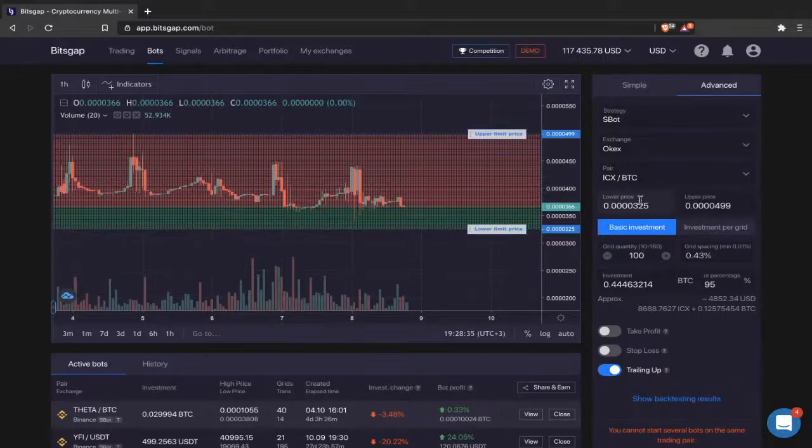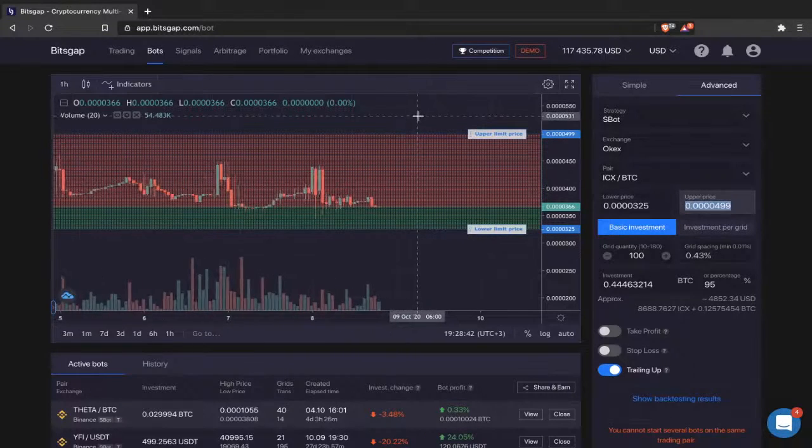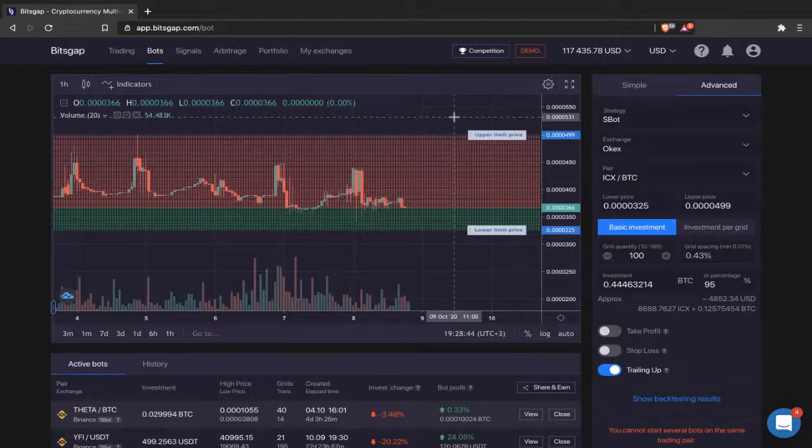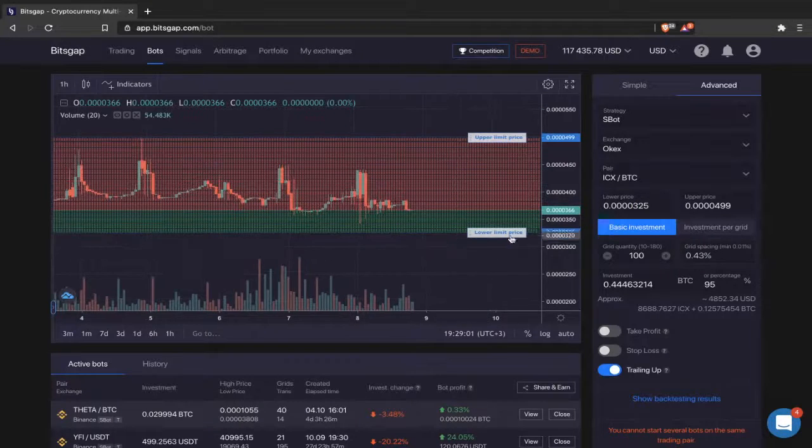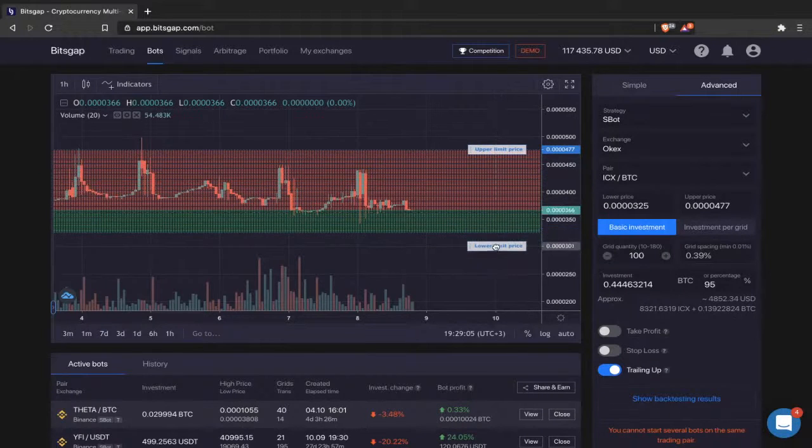Of course, now you can actually change the lower price and upper price over here, but I would strongly recommend you, especially if there is severe volatility currently on the market, then it can be the case that you don't have enough time to spend on this manual typing of the numbers. Then instead use these lines on a chart to set your upper and lower limit prices.